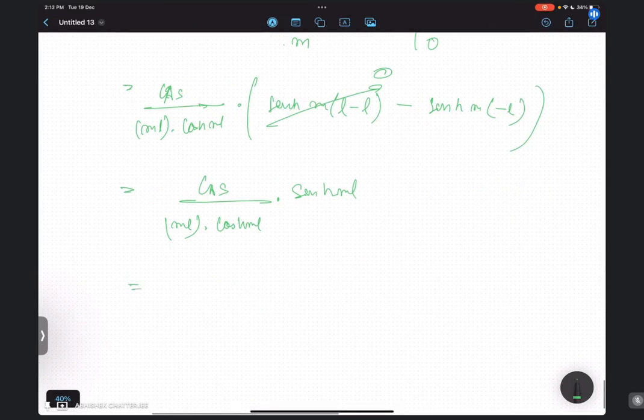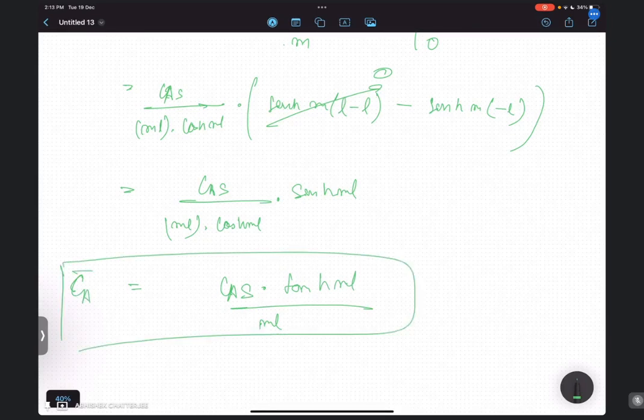Okay, and from here only you write it as CaS into sin h mL by cos h mL, you can write it as tan h mL divided by mL, this is equals to your CA bar. This is what?